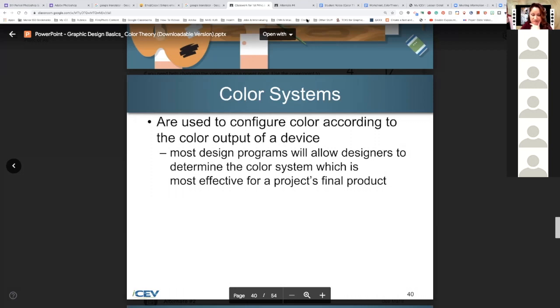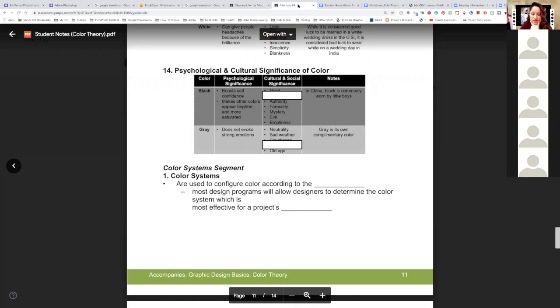Okay, at the very bottom of this page, we're going to fill in the missing word for color systems. The definition reads, are used to configure color according to the blank, most effective for a project's blank.